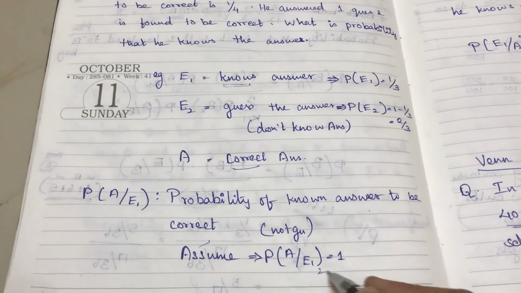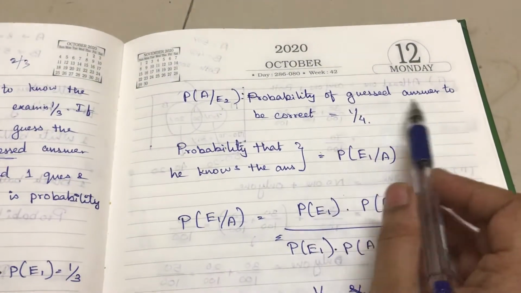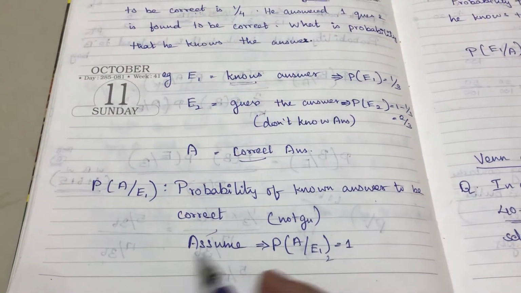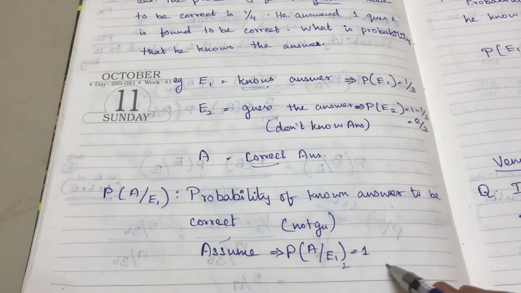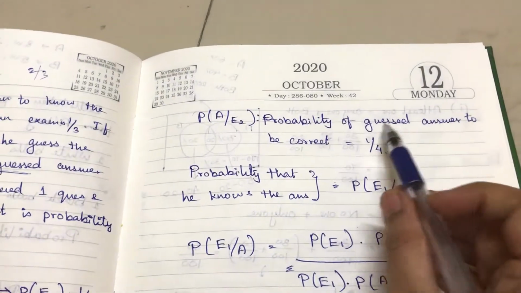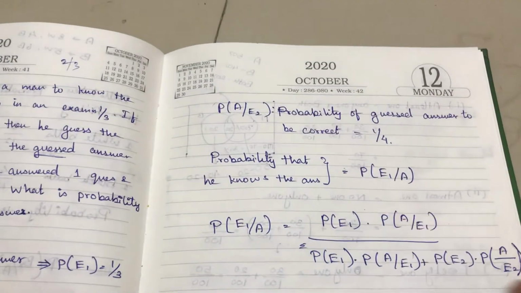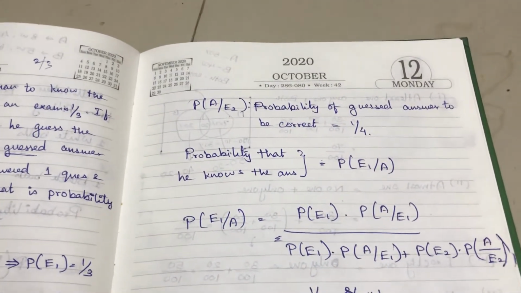If it is E2, it means guessed answers to be correct, right? Here the known answer to be correct, they didn't give anything, so I'm just assuming it as 1. And here guessed answers to be correct is 1 by 4. They have given the term here, 1 by 4.